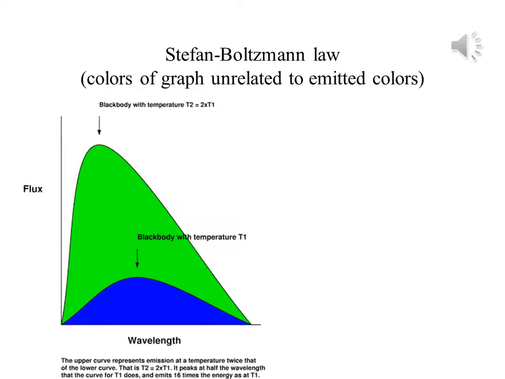It ends up that if you just double the temperature, the brightness will go up 16 times. Triple, and it's basically 81 times, which means 16 is 2 to the power 4, 81 is 3 to the power 4. Therefore, hotter stars emit way more light, even if they were the same exact size.